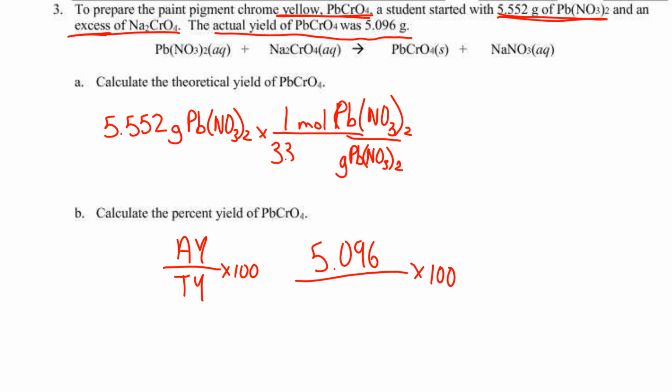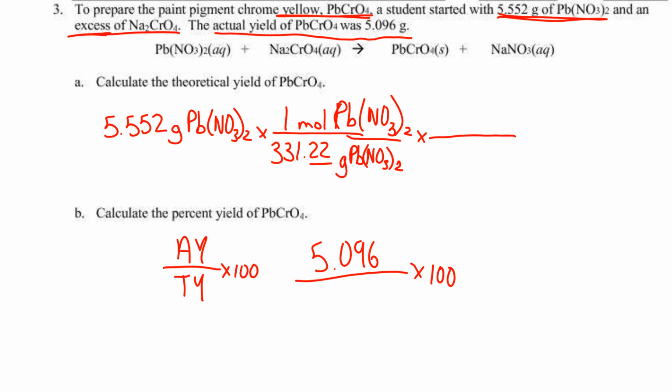We get 331.22 is what I got, because nitrogen is 14.01 and there's 2 of those, and then lead is 207.2. It probably won't affect your answer that much, but remember, molar masses always want 2 decimal places, even if it's a 0.